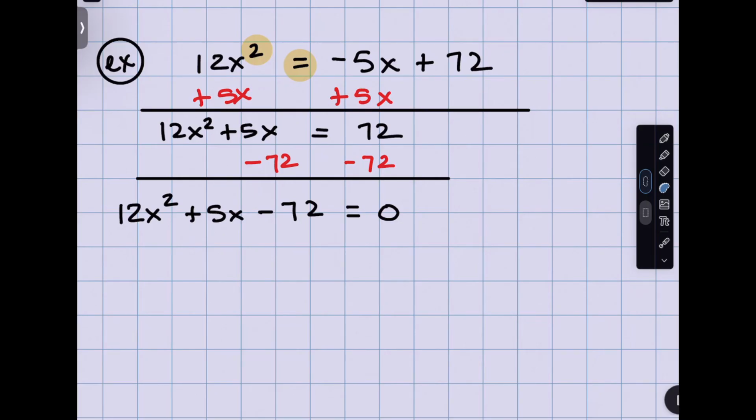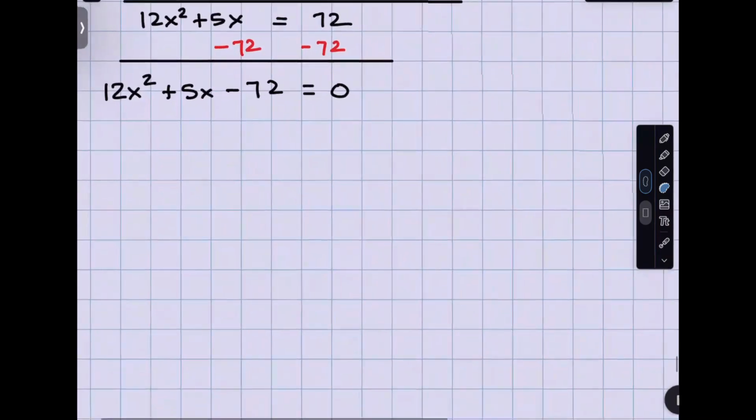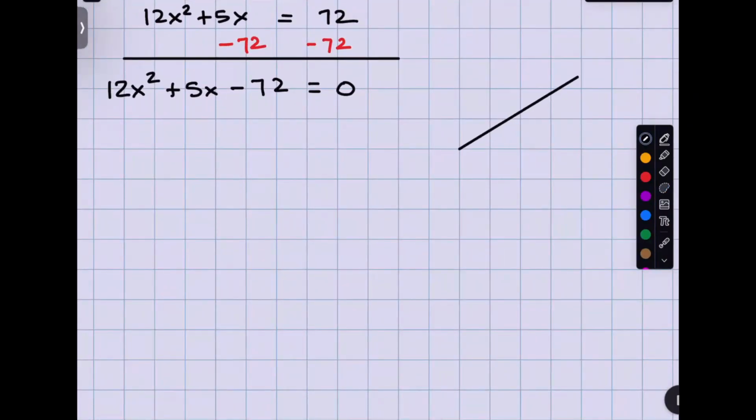So what method do we use? The AC method. What's A times C? Negative 864. Someone double check that for me. And the B is positive 5. Uh-oh, I gotta find those two numbers. Oh no, oh no. What should I make? A table.